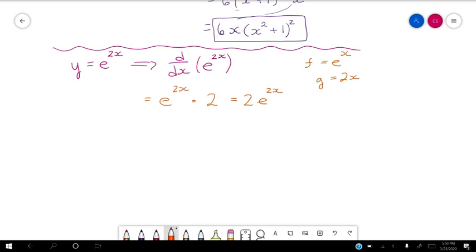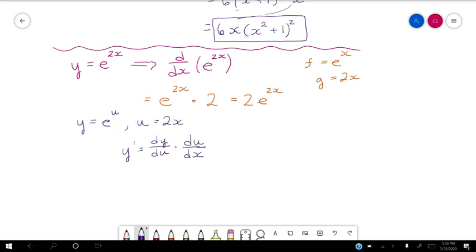All right, and again, we don't have to do both methods, but for some people it's easier to see with a u placeholder. So we could think of this as e to the u, where u is 2x. And then when we're talking about y prime, we're going to take the derivative of y with respect to u, and then take the derivative of u with respect to x.